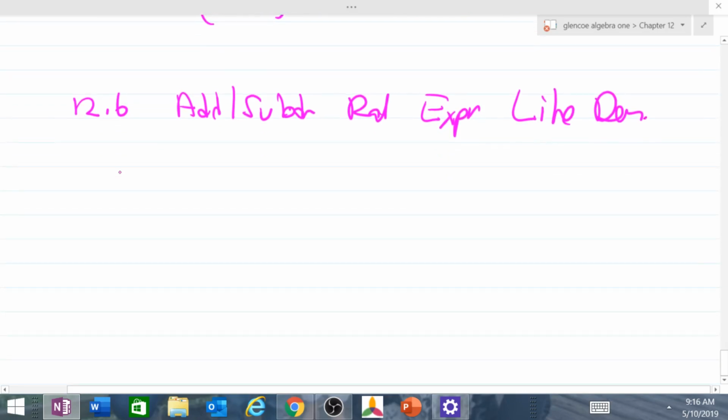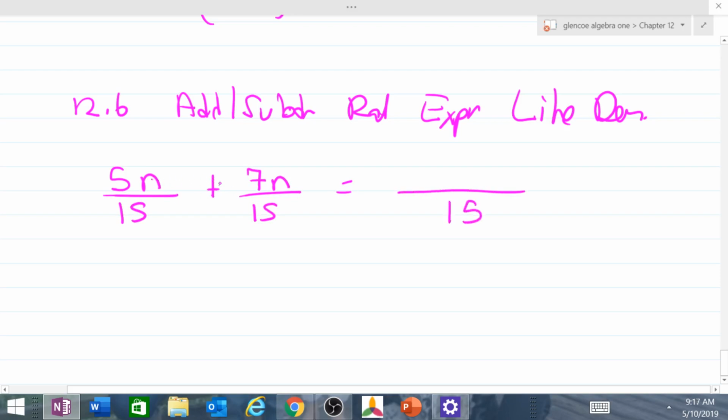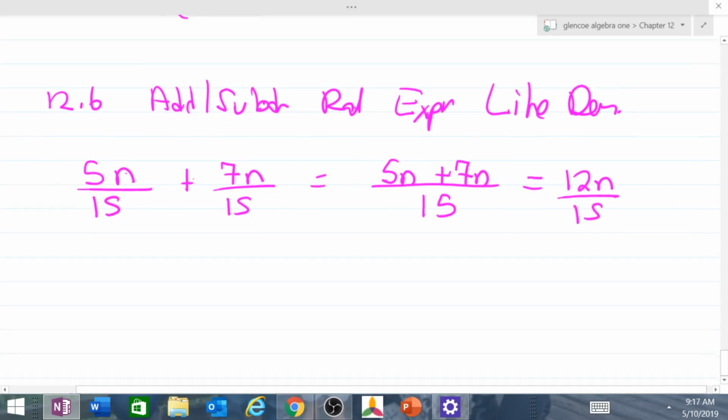So if we wanted to say 5n over 15 plus 7n over 15, the rule is you keep the denominator, and in this case we're adding the two numerators, which is 5n plus 7n, which gives me a 12n over 15.